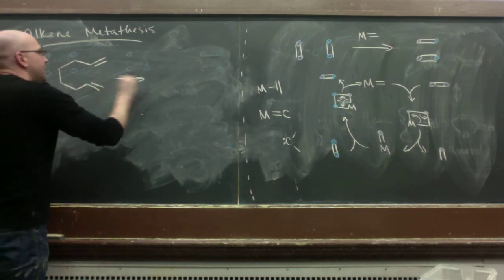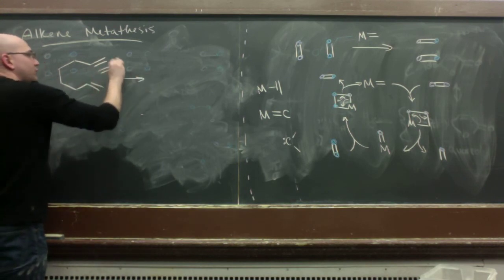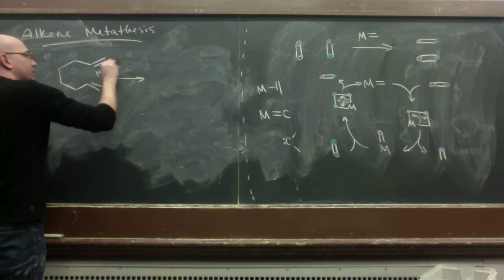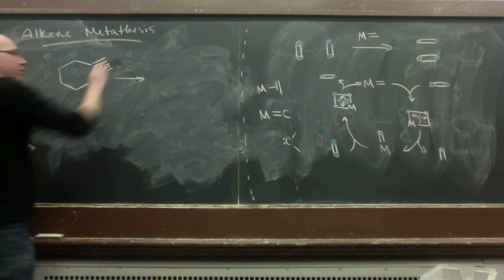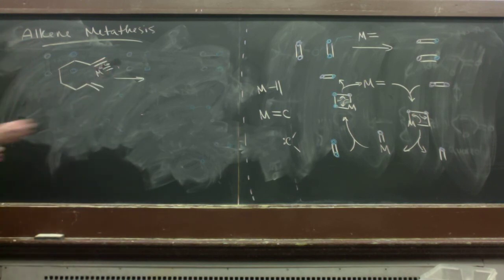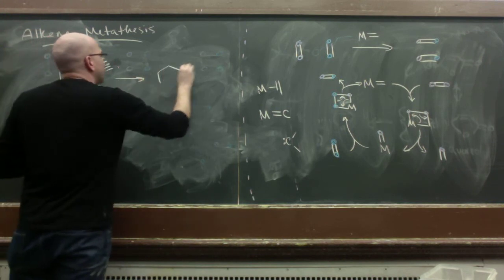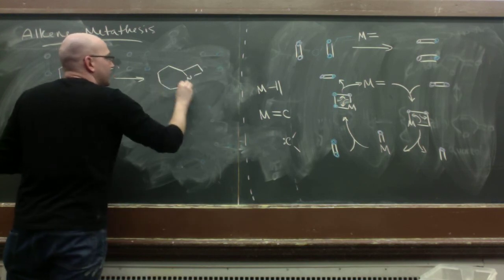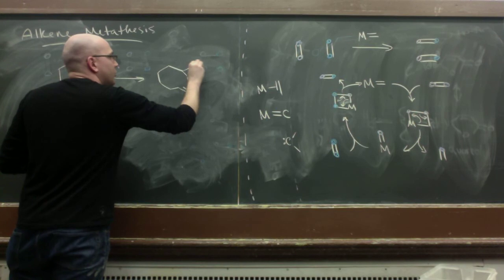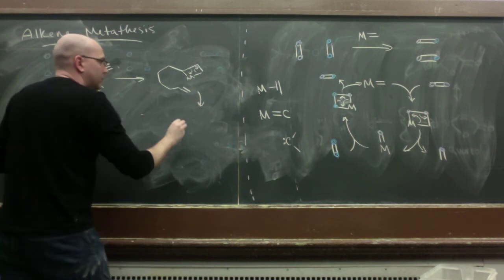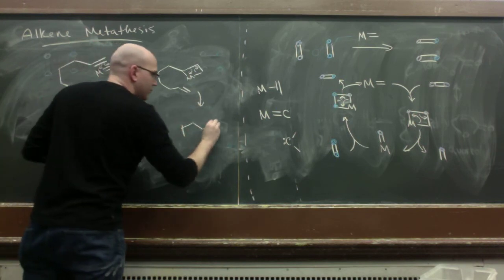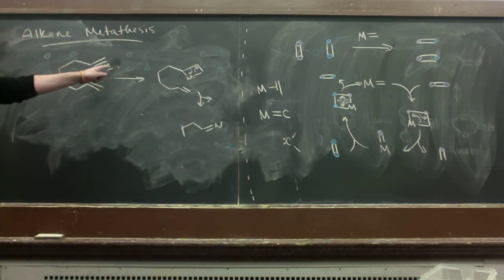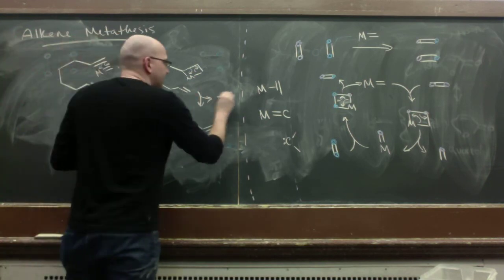what can happen is, we can do a 2 plus 2. Retro 2 plus 2. And this reaction, if that's a CH2, now we're generating ethylene gas.